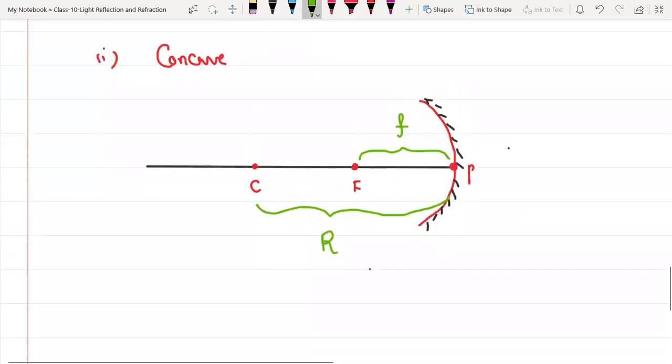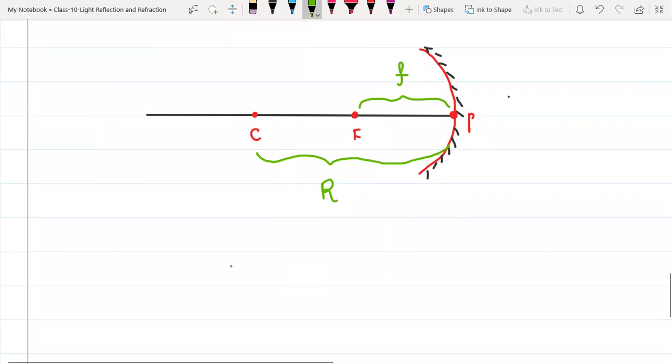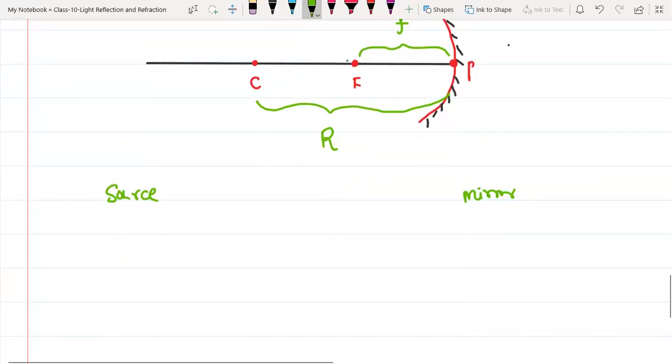Next, if you remember the first or second lecture, I told you, for ease of understanding, we consider that there will be a source and there will be a mirror. Always the source will be on your left hand side, always the mirror will be on the right hand side. From the source light is generated, isn't it?